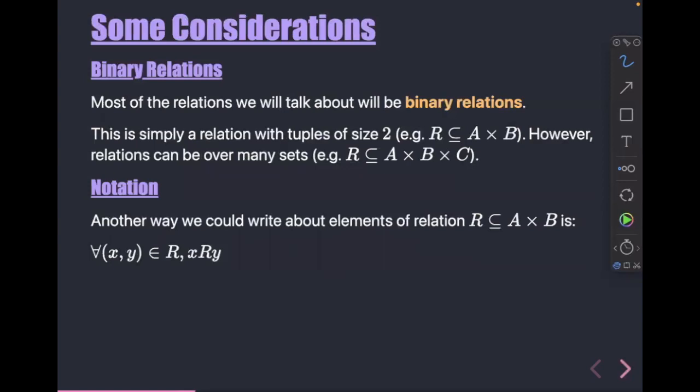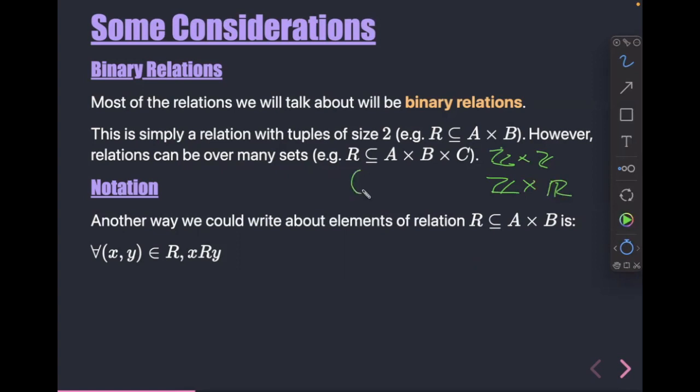These are things I've already hinted at, but I just want to hammer it home again. Most of the relationships we'll be talking about will be binary relations. That's what I was talking about, where it was usually tuples of size 2, and you'll be showing it as a subset of two different sets, like the subset of Z cross Z or Z cross R or whatever.